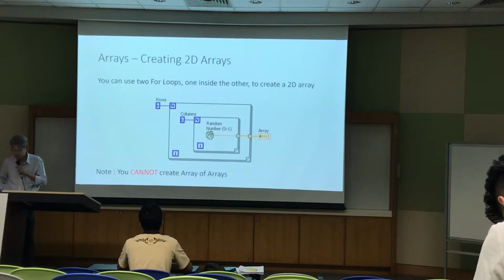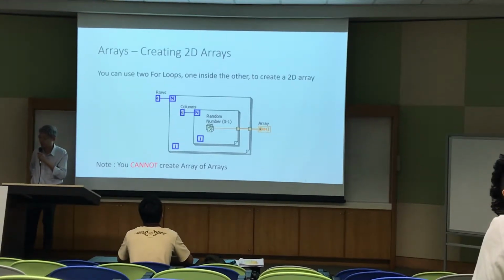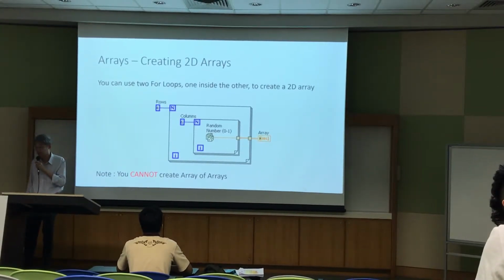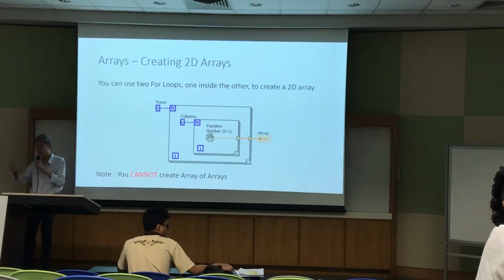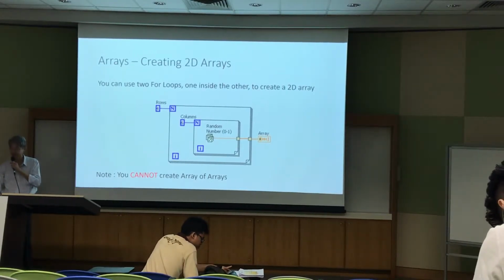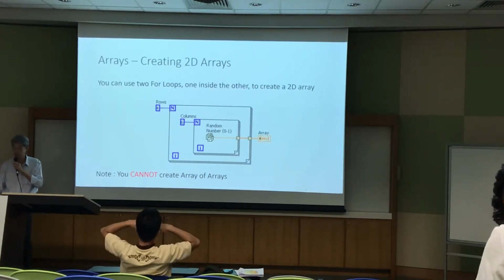Remember. Next comes arrays, and this is how we learn how to build 2D arrays or 3D arrays. The most efficient way to build arrays is to use what we call nested for loops. What is nested for loops? A loop within a loop.